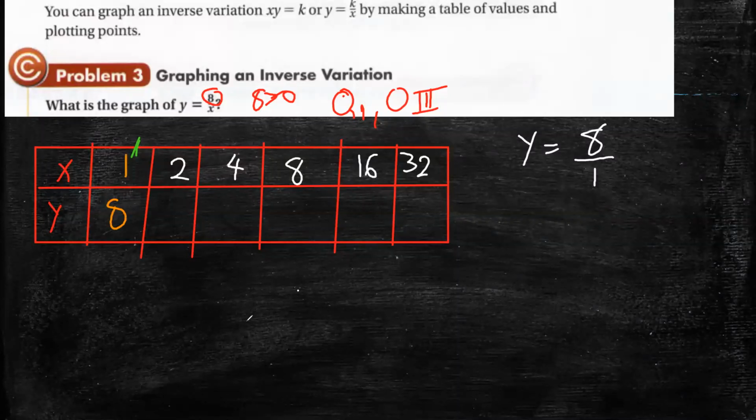Now let's see if x is 2. Let's take this number 2 and put it instead of x. So 8 over 2 is 4. Then let's now bring number 4. 8 over 4 is 2.